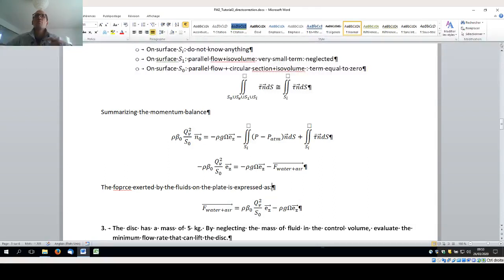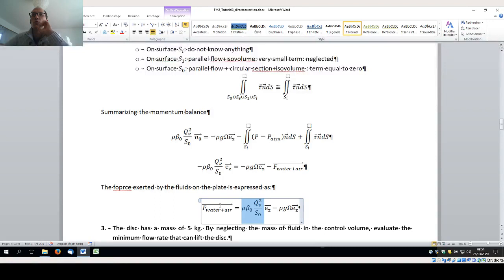So that's the main objective of momentum balance, is to simplify the writing of forces by just knowing information about the inlet flow here, what's happening in the nozzle here, and on the geometry of the control volume.